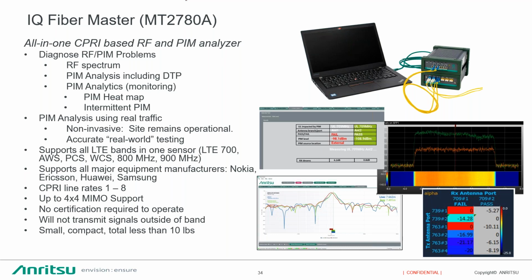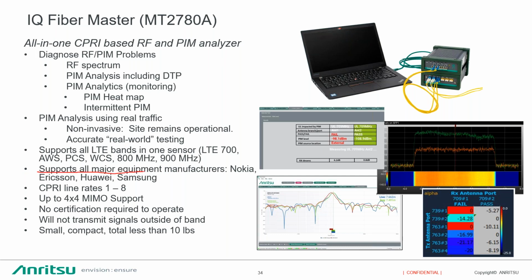It can monitor intermittent PIM. It uses real traffic because it is the CPRI link. So it's non-invasive, meaning the site remains operational, and it's using real live traffic. So the accuracy is real world accuracy versus using tones that you have to use in the troubleshooting phase. Supports all of the LTE bands in one sensor.